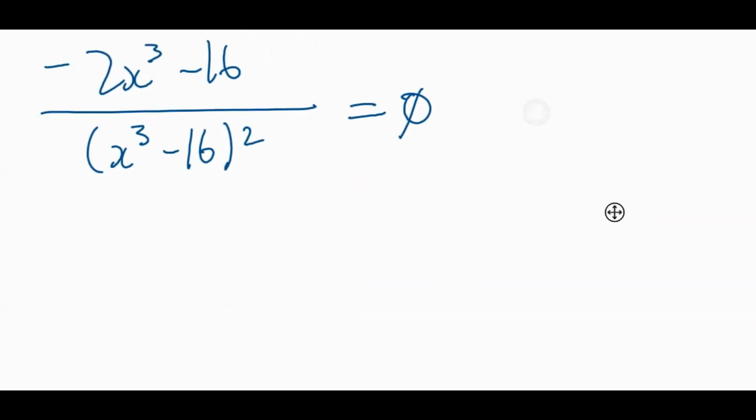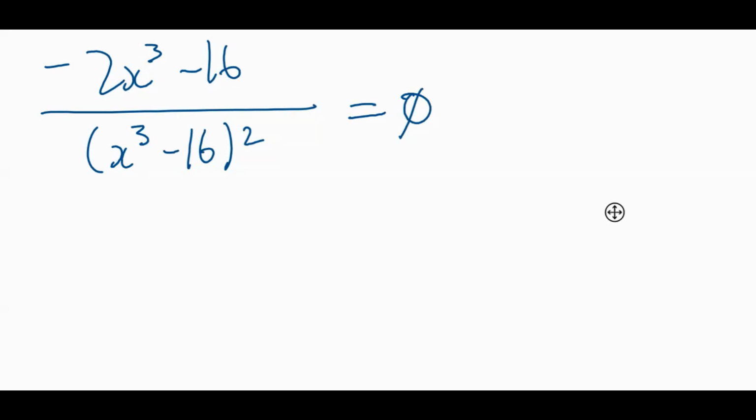From MHF, how do I solve this? This whole thing is equal to 0 when? Very nice, when the top equals 0. We don't care about the bottom in this case. You could think of it as multiplying through by the bottom. Quick reminder that solving rational inequalities is a lot harder than solving rational equations.